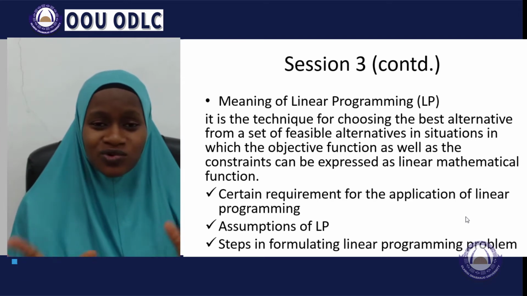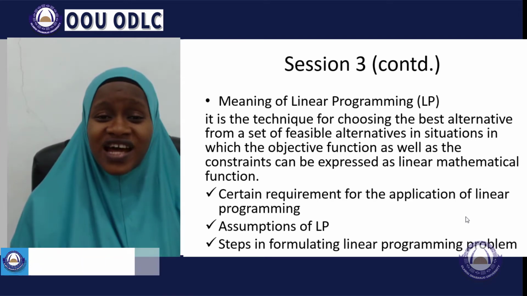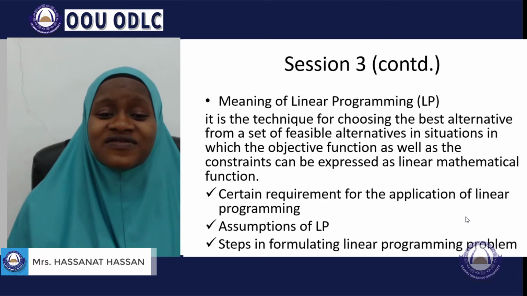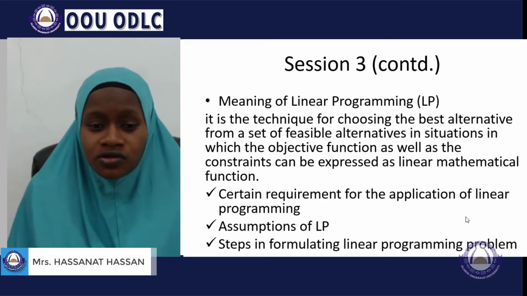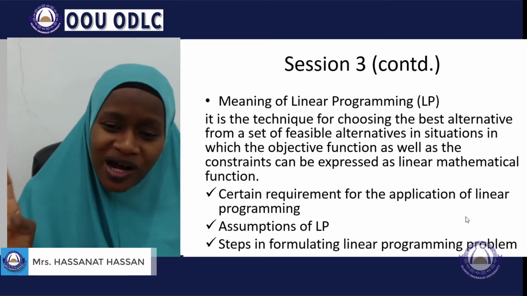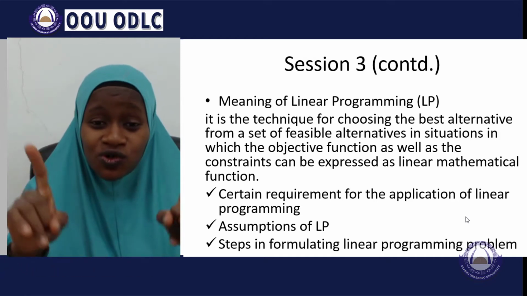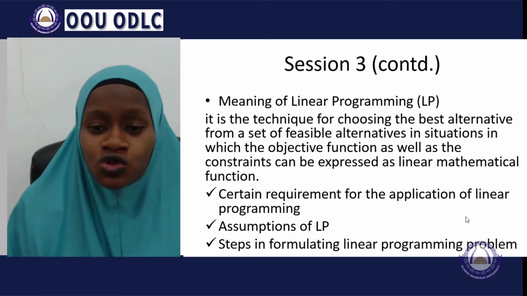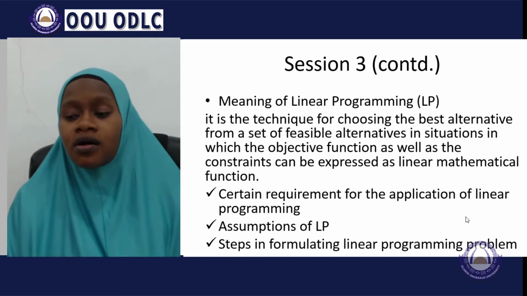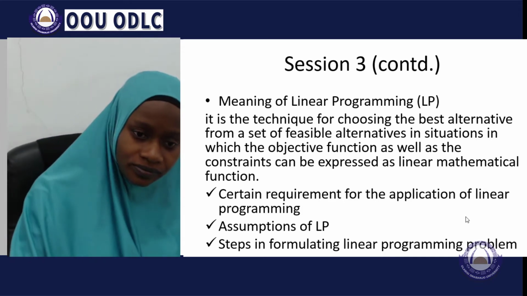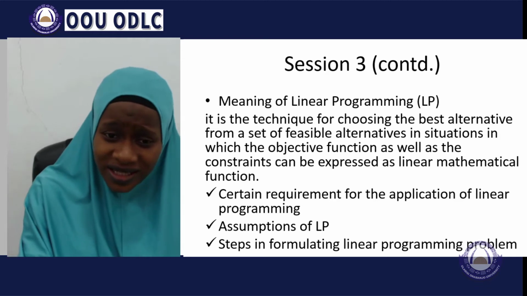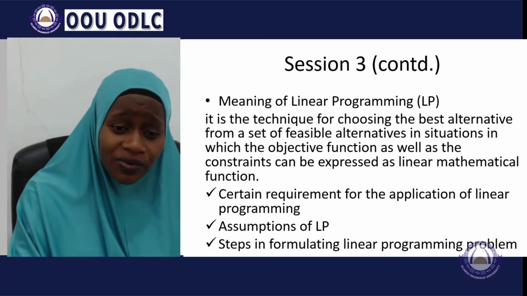From those feasible alternatives, you now make your decision based on the optimal solution. One of the alternatives is going to be the optimal solution to address that particular problem. So that's that on the requirements for application of linear programming.